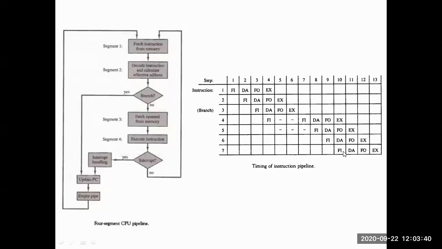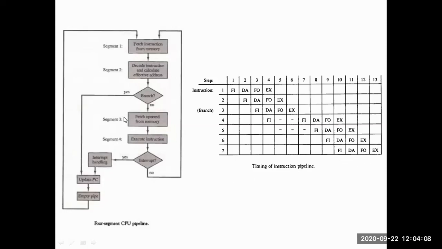So if you do it on your own notebook, you assume that there was no branch and make the same table, then you will find that it will end on 10. So 7 here will be EX for instruction 7. So because of this one branch, pipeline lost 3 clock cycles.